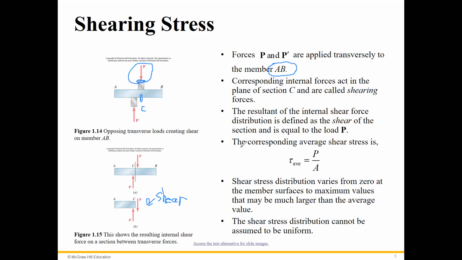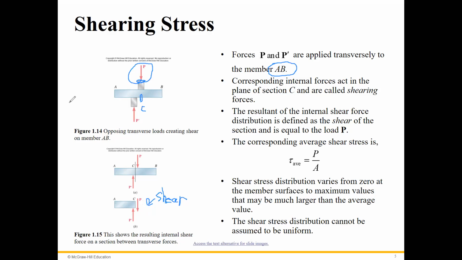So basically, there is no opposite force acting on exactly the top force, right? For normal stress, the force is perpendicular to the surface, right? But in shear stress, the force is in the direction of the surface, right?